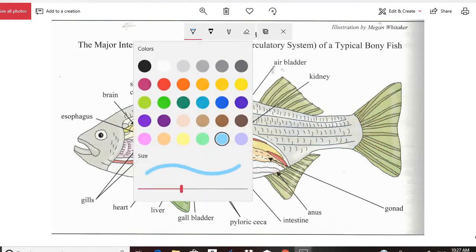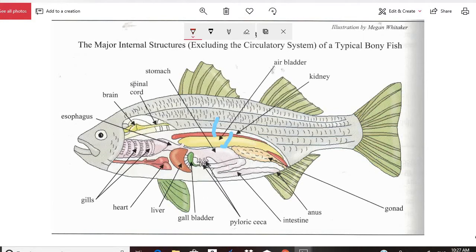So the water goes in the mouth, and here are the gills. The esophagus kind of runs behind the gills, but we're showing the esophagus here. And then it would go into the stomach, so we see the stomach here.